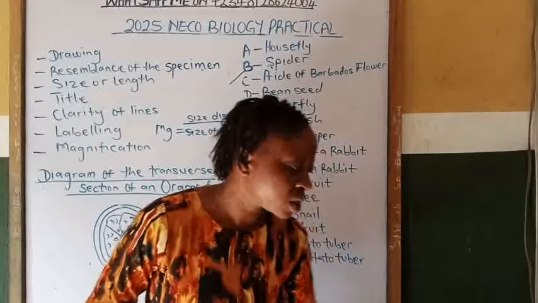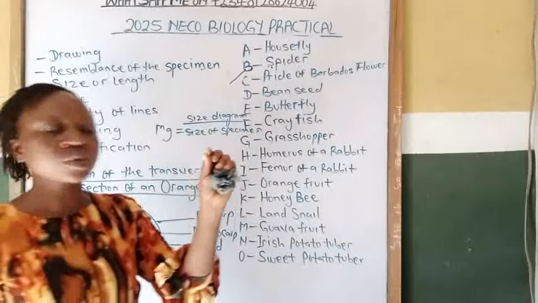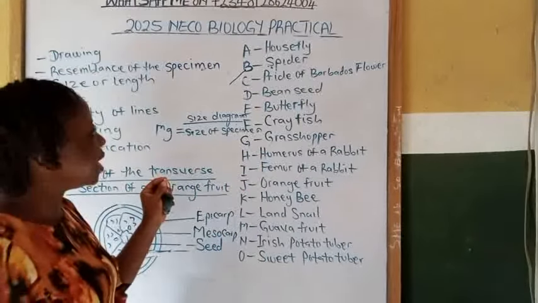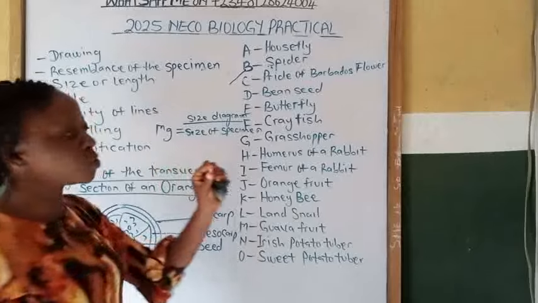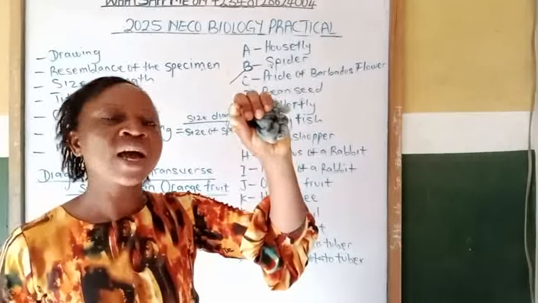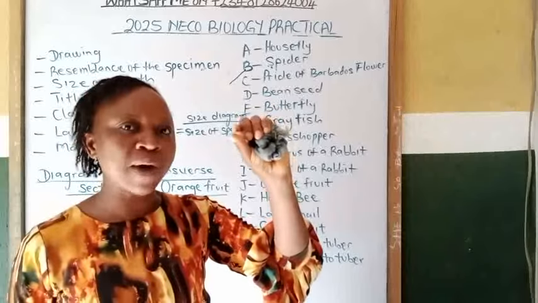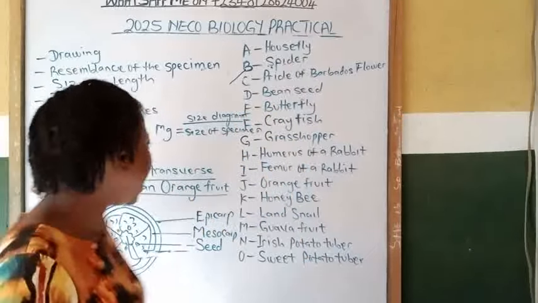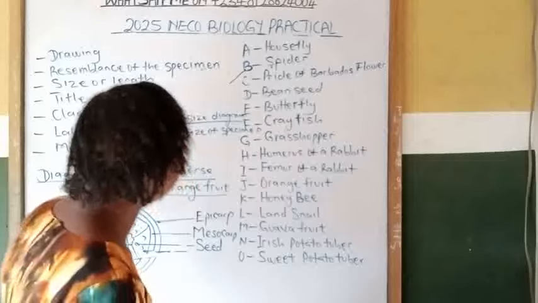I'm going to use this bean seed, which is our specimen D, to explain how to calculate our magnification. So let me draw a bean seed.